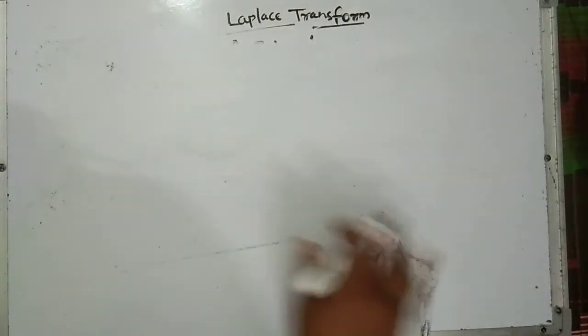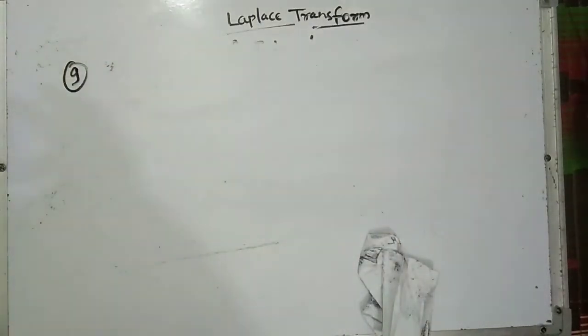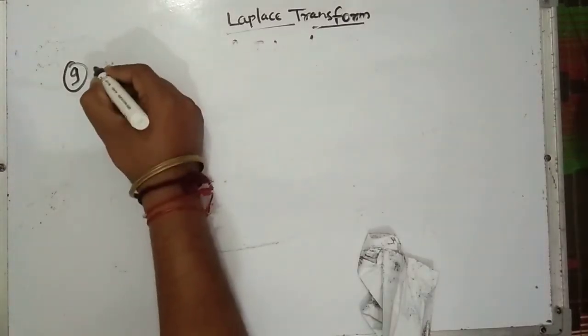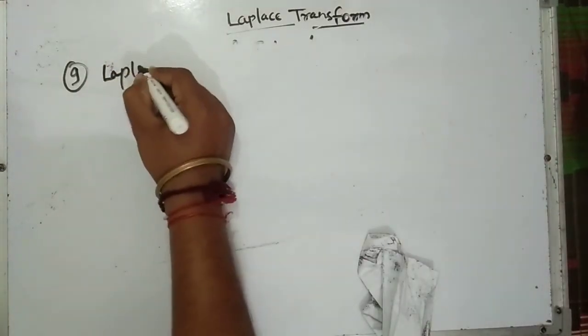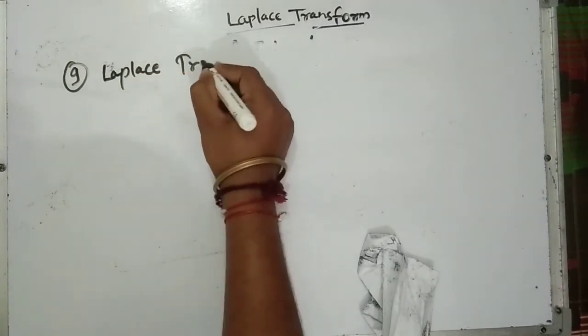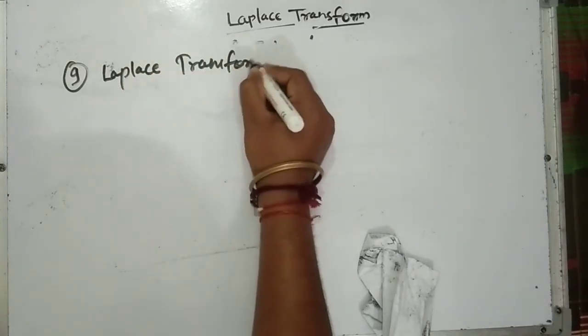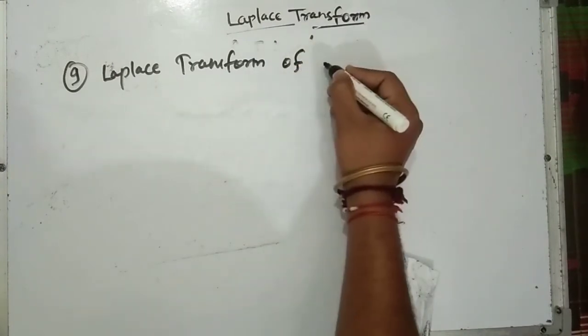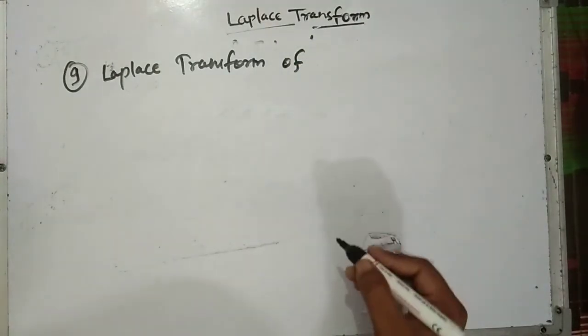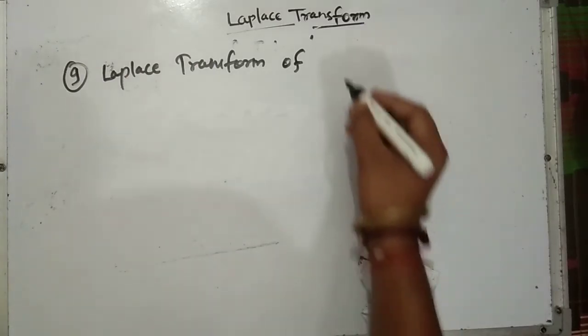The next property is when we divide f(t) by t. So we can write here the Laplace transform of a function divided by t.